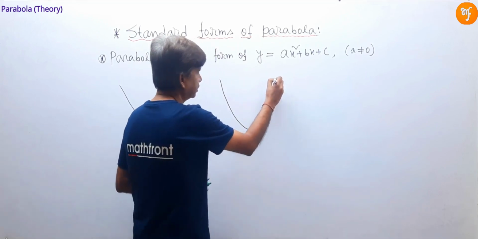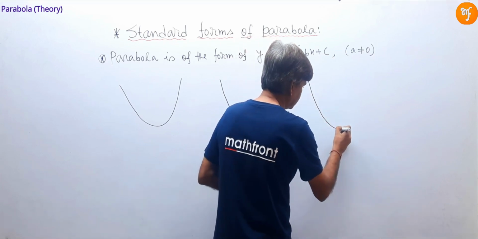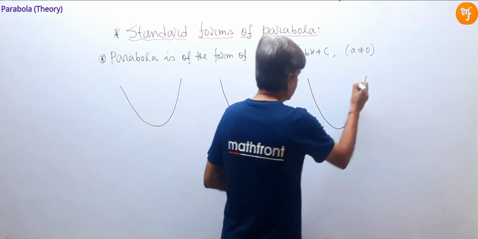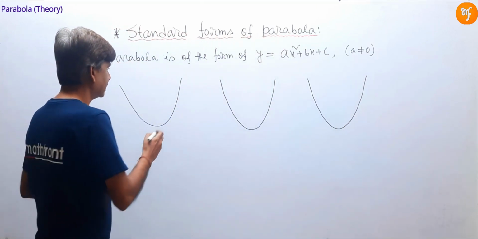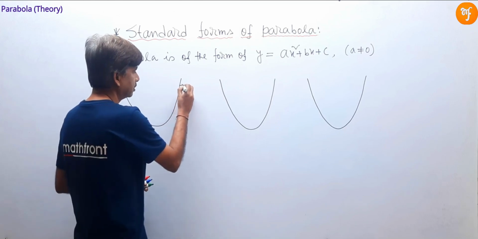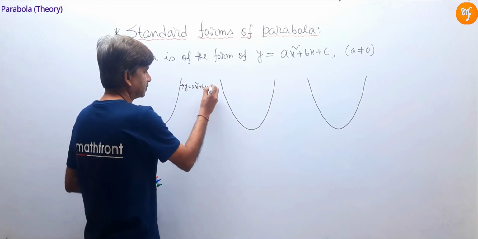We draw here 3 parabolas and all of these parabolas are concave upward and have the equation y is equal to ax square plus bx plus c.